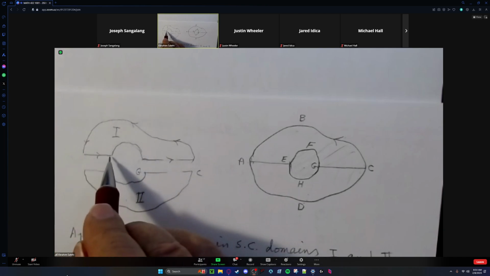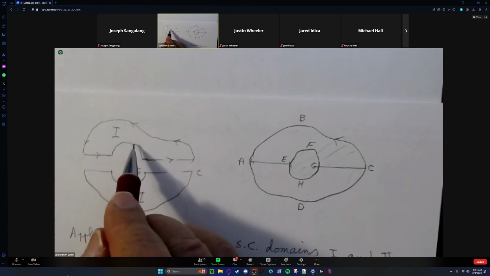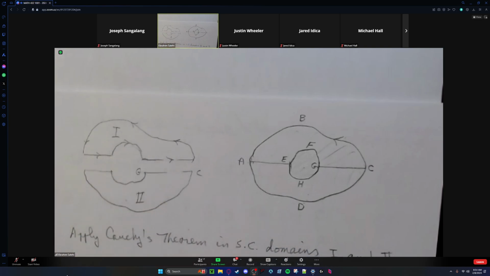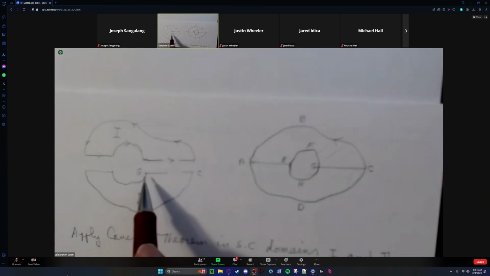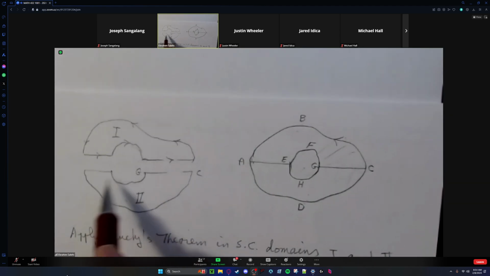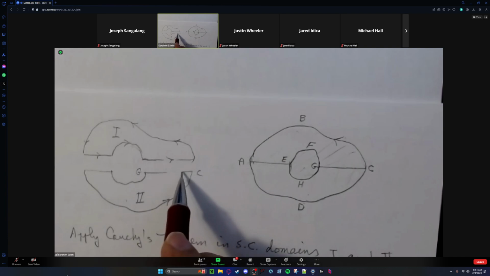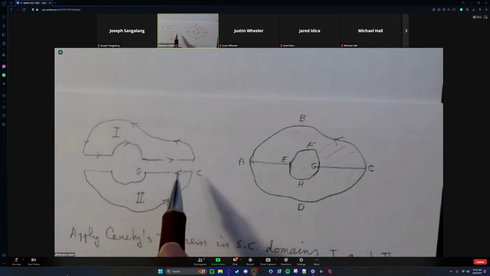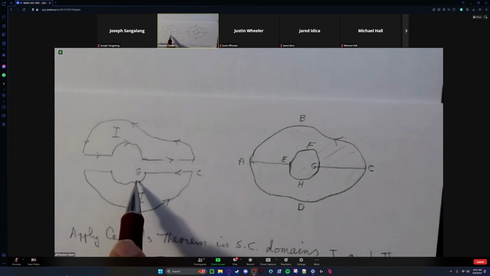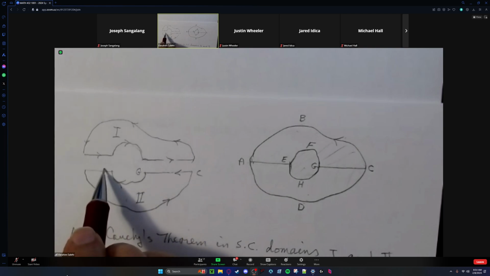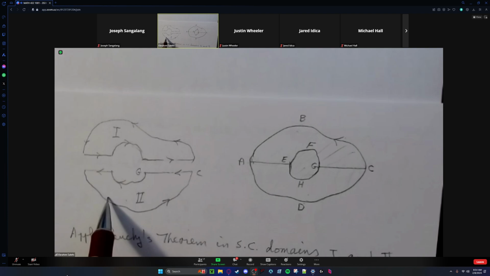And right here, this counterclockwise. Do the same thing also counterclockwise. Counterclockwise means going in this direction now, coming to this point, going this way, to this point coming this way, and so forth.